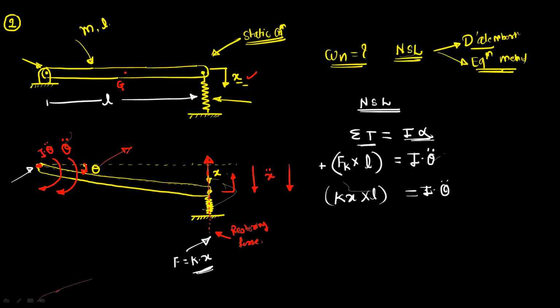As the system is rotational, we will replace the x term in terms of theta. How can you find the relation between x and theta?